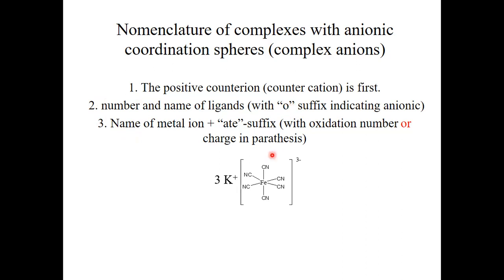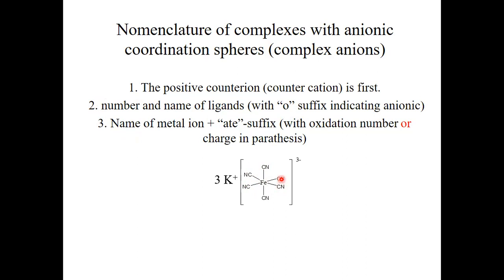So we have here cyanide anions that are coordinating to our metal. How many do we have? Well, we have 1, 2, 3, 4, 5, 6.